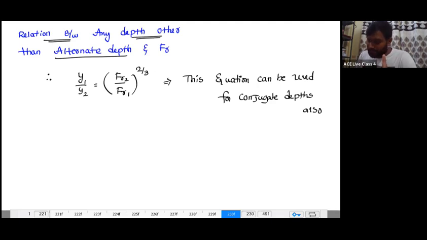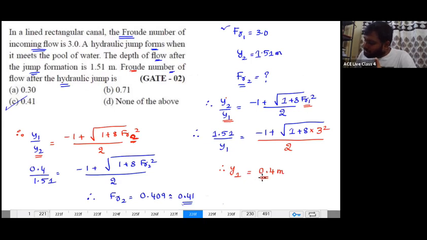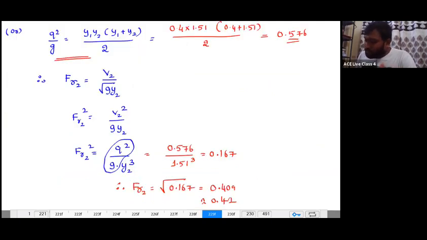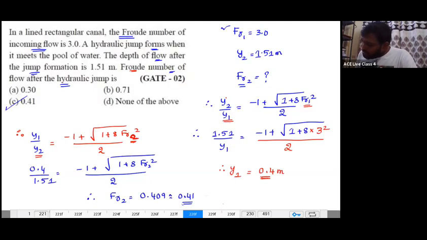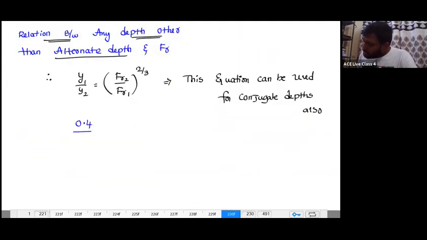I can use this relation for the rectangle, and that too only for the rectangle. Now, first of all, I need to know Y1. Once I get Y1, everything follows. Without finding Y1, I cannot find out Fr2, because they have given only the incoming flow Froude number and the outgoing flow depth. So from the same equation, what is Y1? It is 0.4 by Y2, so 1.51 is equal to Fr2 by 3 whole to the power of 2 by 3.